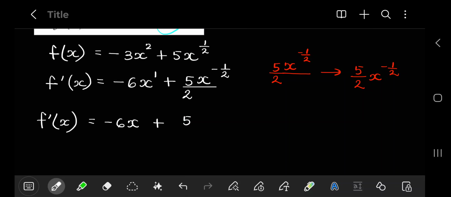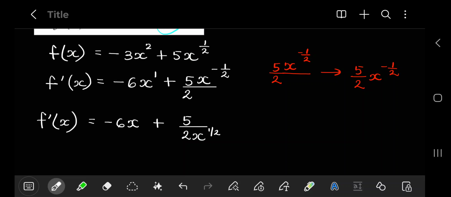Now, in the second step, in order to make the exponent of x positive, what you do is you take your variable and you move it to the denominator. So the 5 will remain at the top, but x now goes to the bottom and its exponent becomes positive. So we now have 5 over 2x to the power half.